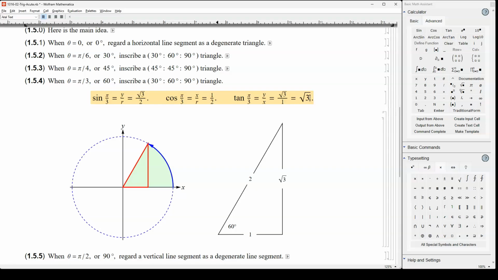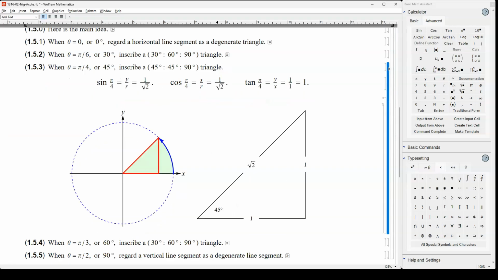And tangent of pi over 3 is square root of 3 over 1, opposite over adjacent. All coming from inscribing triangle number 1 in the right place like this. The angle in question goes to the origin, and the right angle goes to the x-axis.